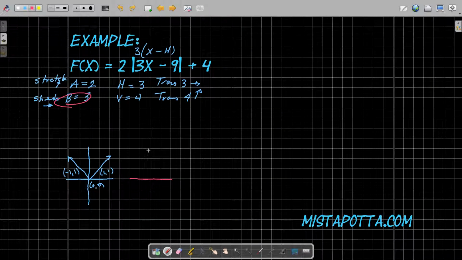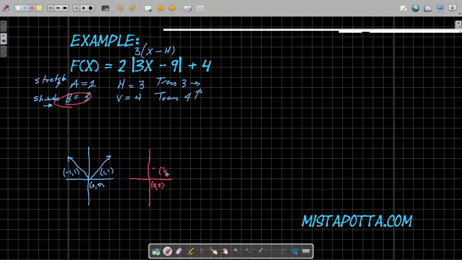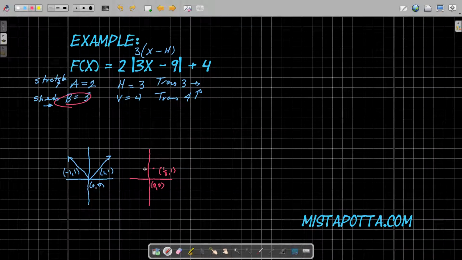So 0, 0 is still going to be the same point, but this point, instead of being 1, 1, is actually going to be 1/3, 1. And this point's going to be negative 1/3, 1. And also notice that we remarked before that when I do a horizontal shrink, it looks a lot like a vertical stretch.